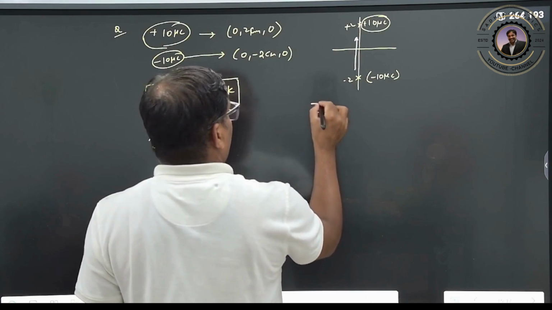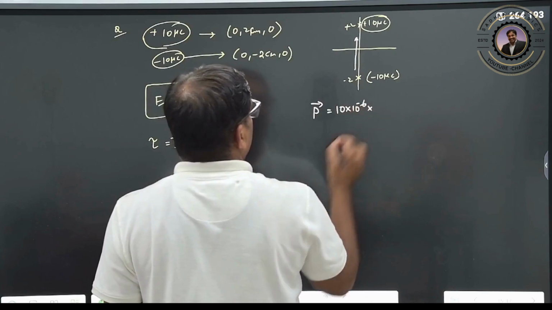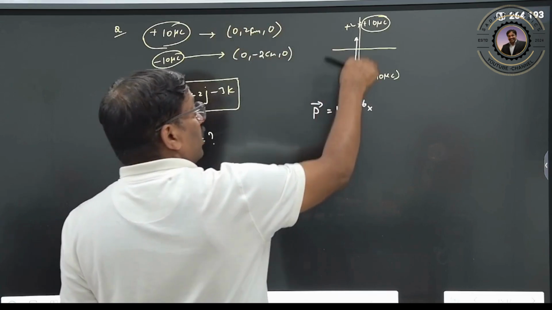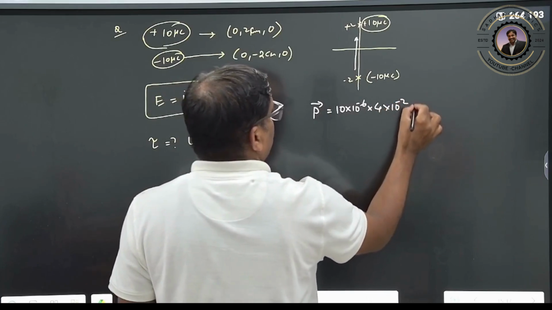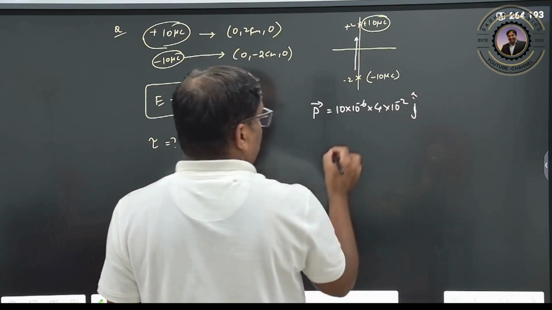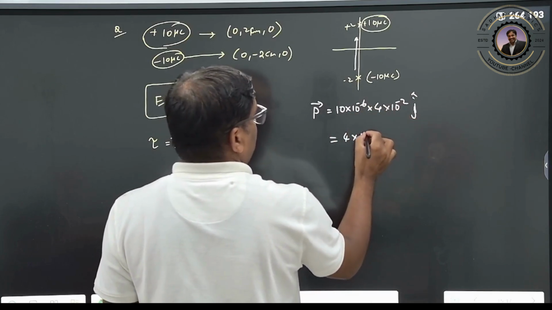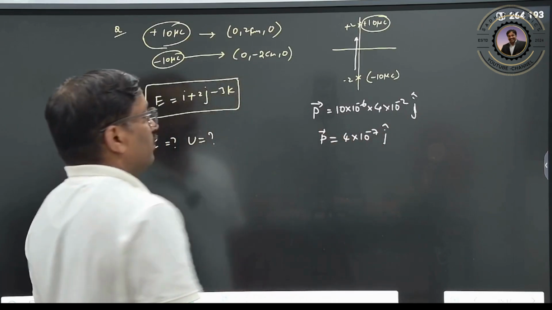The charge is 10 microcoulomb, 10 to the power of minus 6. What is the distance between them? It is 2 and 2, 4, because from here to here 2, here to here 2, so 4 into 10 to the power of minus 2, j cap. So the dipole moment is 4 into 10 to the power of minus 7 j cap, clear?